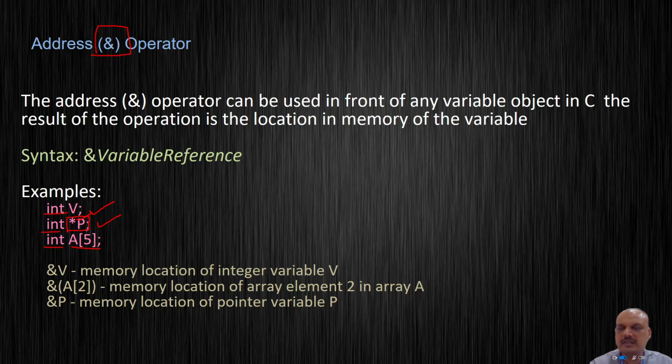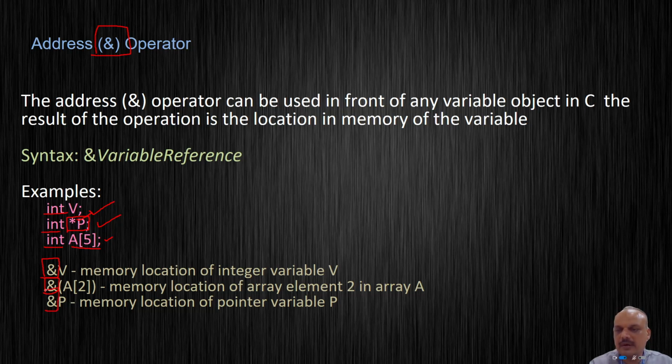The memory location of v is given by the address of operator. So the address of operator gives me the address of v. When used with a, which is an array, it gives me the base address, or the memory location of the first element in this array.